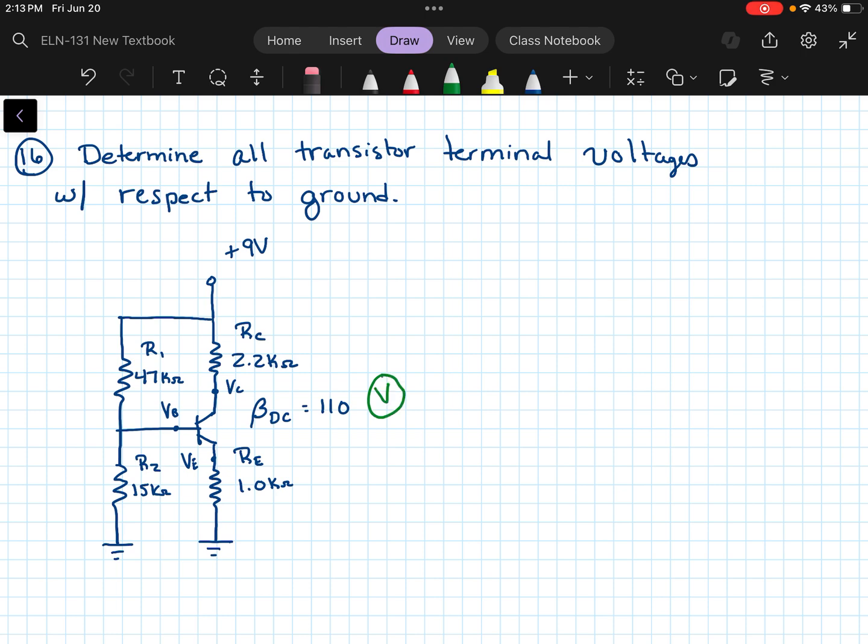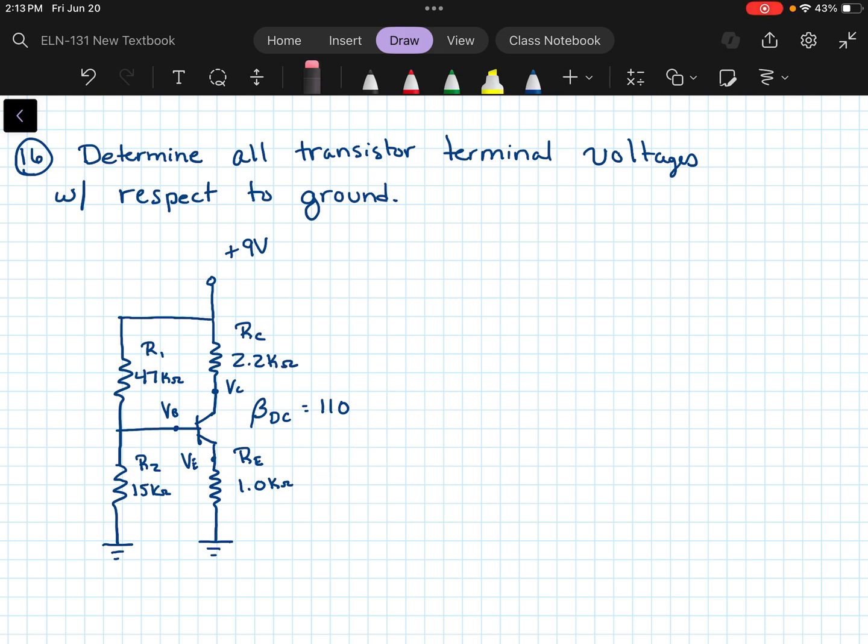When we say with respect to ground, that means we're going to take our voltmeter and connect the red lead to that point, and then connect the black lead to ground. And that's what it means to measure with respect to ground. Your black lead is at ground, and you're just measuring on the positive side the other point in the circuit that you want to measure.